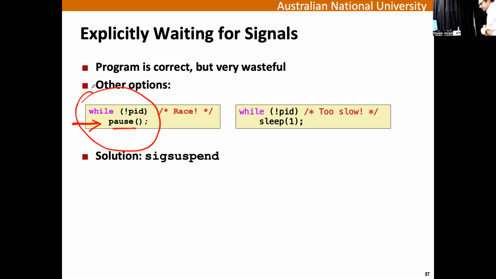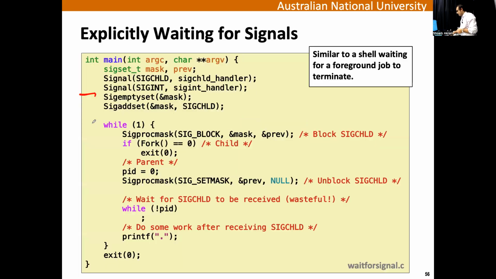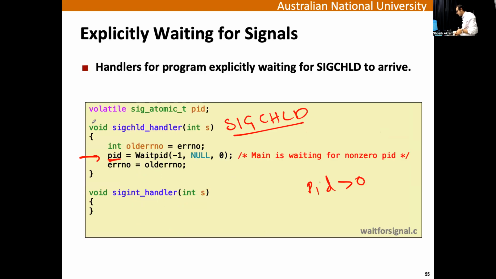if the signal handler runs after the while test, but before the pause, you're done. The process has been put to sleep forever. It will never wake up. So if the signal handler runs after the while test, it will reap the child process here.